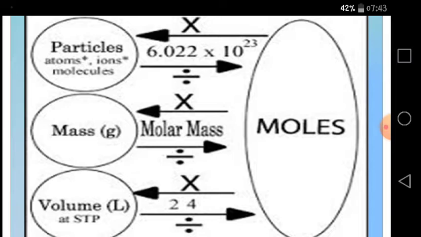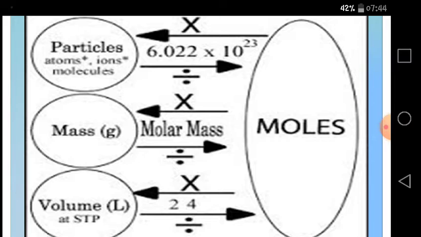And if the number of moles are given, we have to multiply that number of moles with the Avogadro's number, and we will be able to get the particles. Likewise, the mass. If we divide the mass with the molar mass, we will be able to get the moles, and if the moles are given, we have to multiply that moles with the molar mass, we will be able to get the mass. And same is with the volume of the gas.